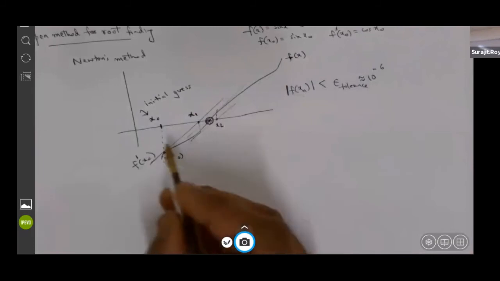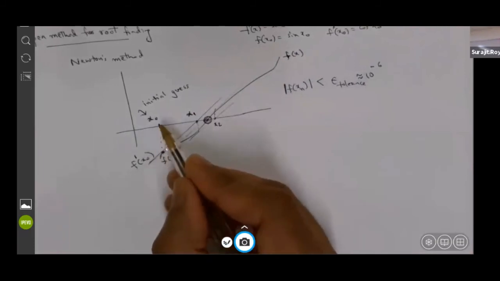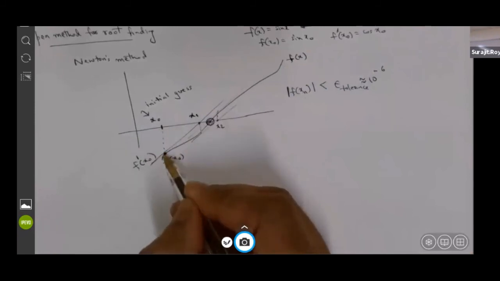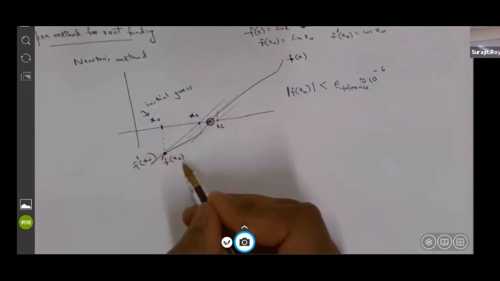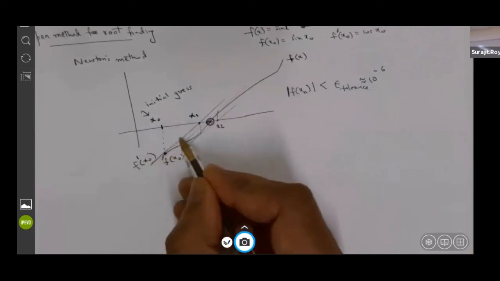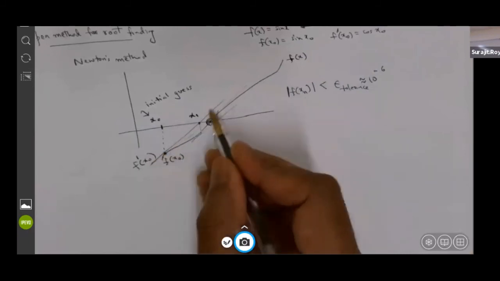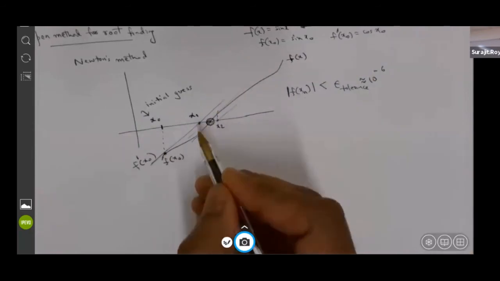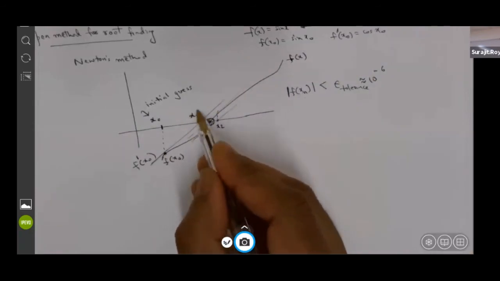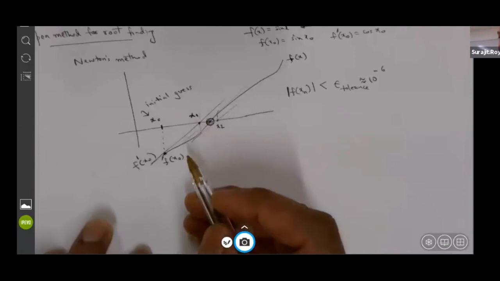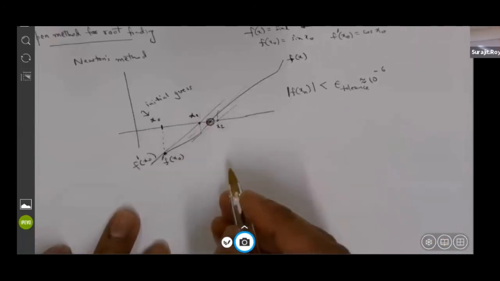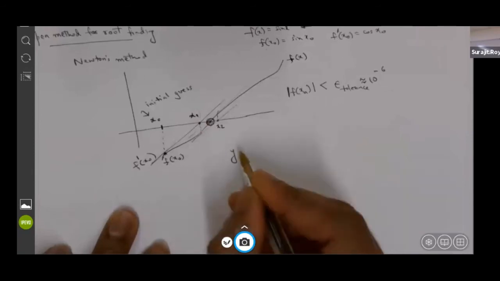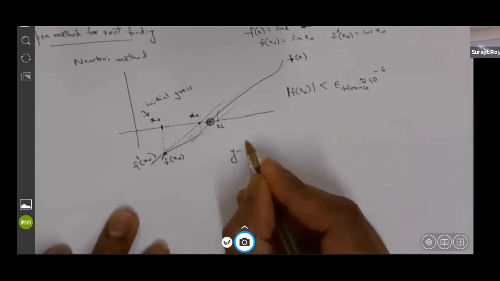For the very first step, I start with a random initial guess, which is x naught. I find my function value f x naught and also find the slope. When I write the equation of this line and say where it is intersecting, I would like to find the value of x1. It will be the same step we did for the false position method. But now I'm going to write it like this.